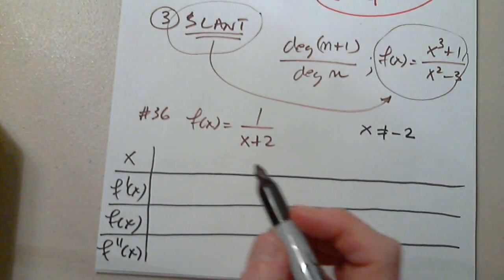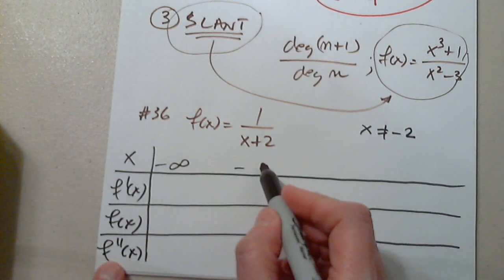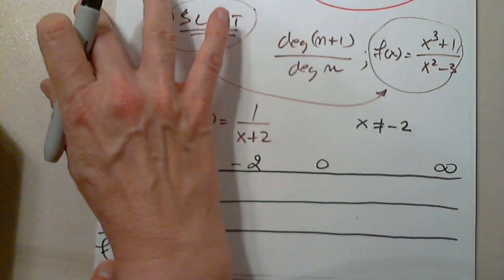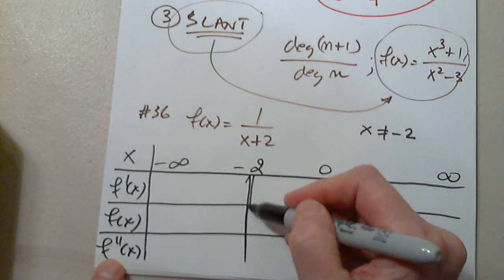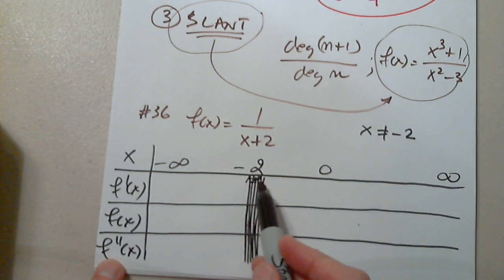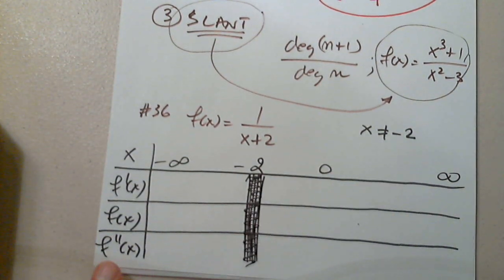Very good. Excellent. Negative infinity to negative 2, union negative 2 to infinity. Undefined at negative 2. Good.